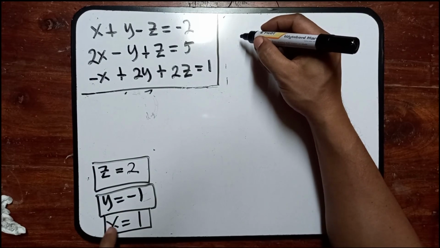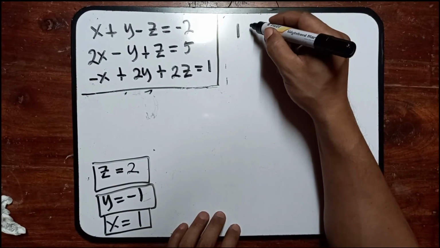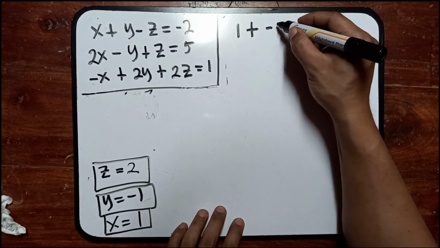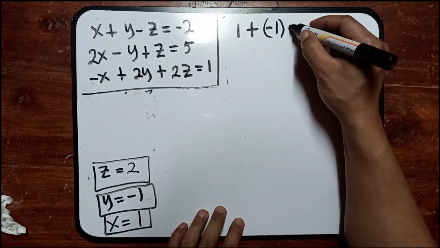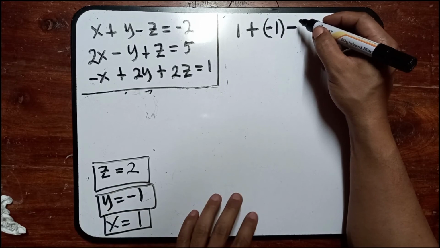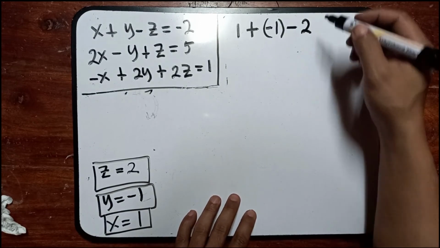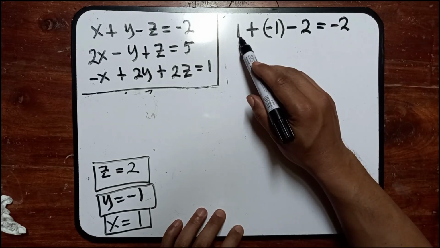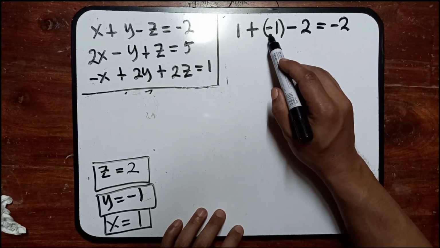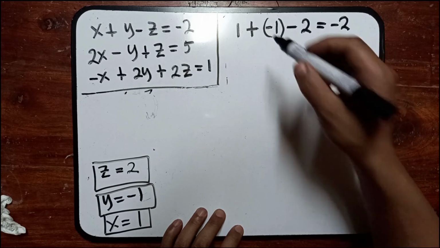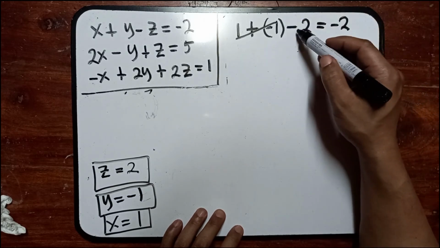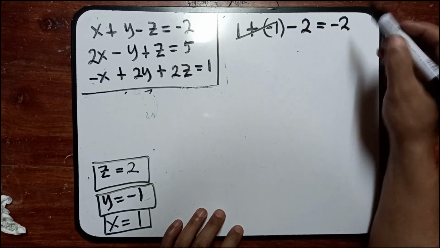So x is 1. So let's write here 1 plus y. y is negative 1, minus z, z is 2, and then equals negative 2. So this is 1 plus negative 1, which becomes cancelled out because it is 0, and then what is left is negative 2 equals negative 2.